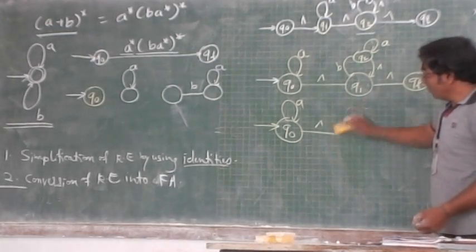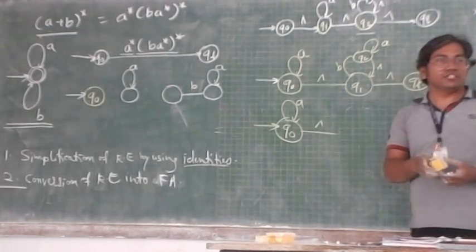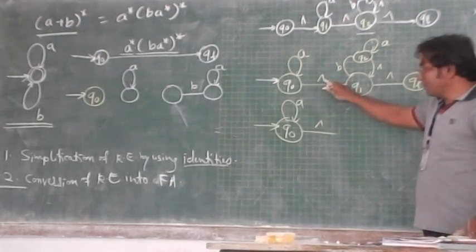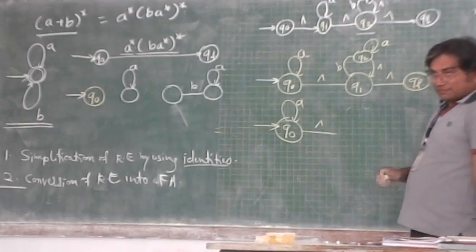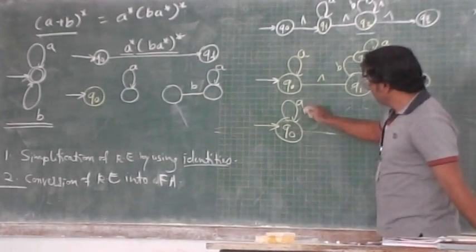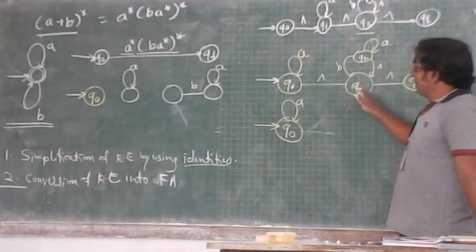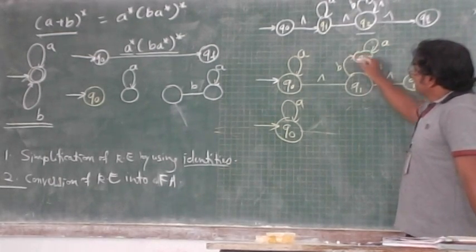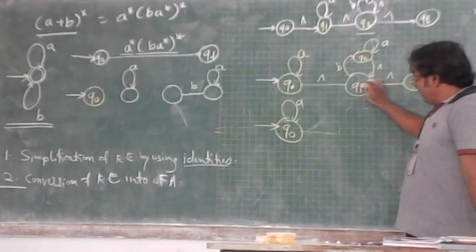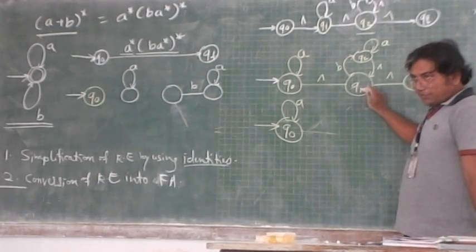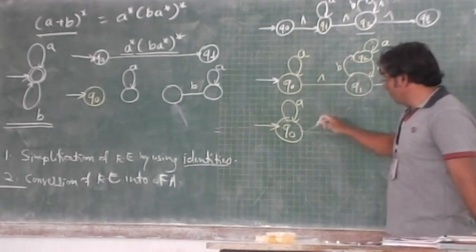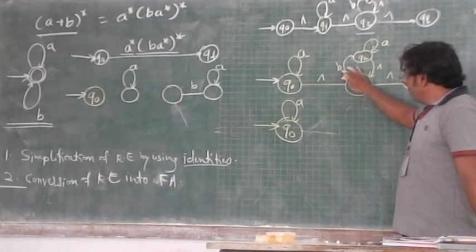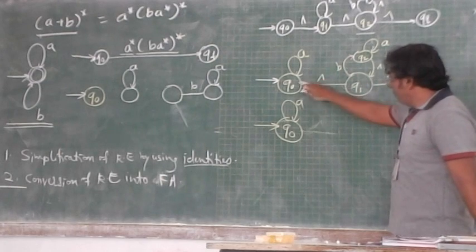Okay? Now you go for applying the method you have already studied. Remove this null. This is V1, this is V2. See the outgoing transition from Q1 is V2. Copy them from Q0. So the outgoing edge transition from Q1 is B. So I need to copy that from Q0.